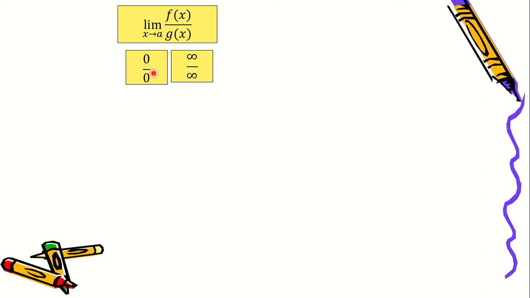Because what exactly is 0 divided by 0? 0 divided by 5, for example, is equal to 0. 1 divided by 0 is undefined. So what exactly is 0 divided by 0? We don't know. Infinity divided by infinity could be a constant like 4, it could be 1, it could be infinity, it could be 0. We just don't know the value of it.